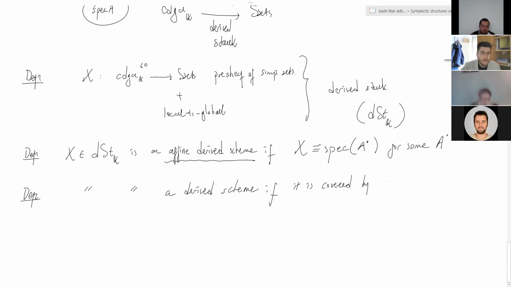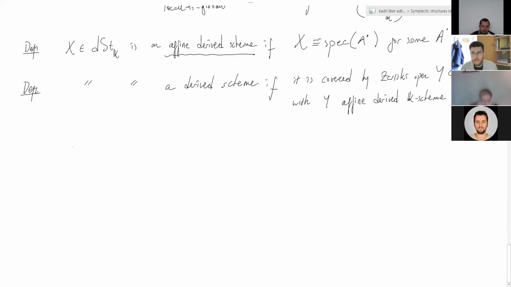Covered by Zariski open Y in X, so you have some kind of affine derived cover. Okay, but this is more or less the basic definitions.